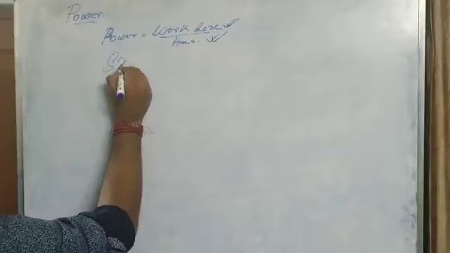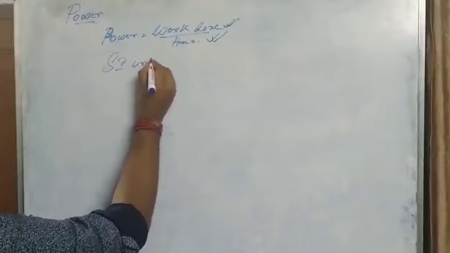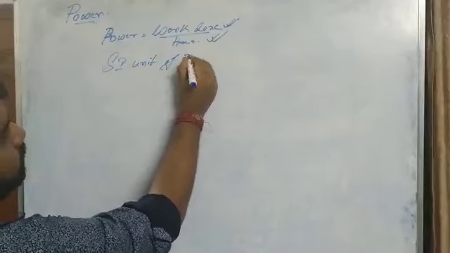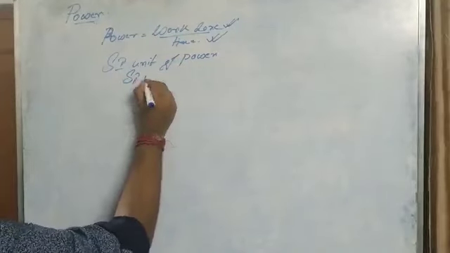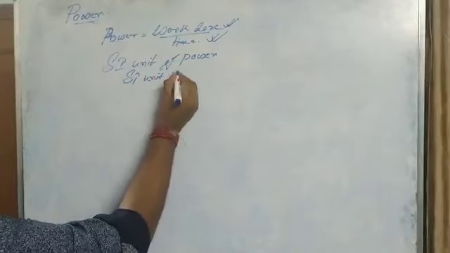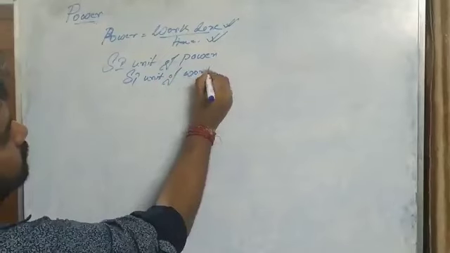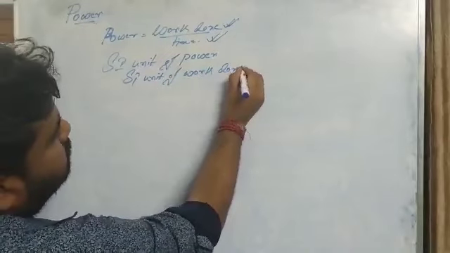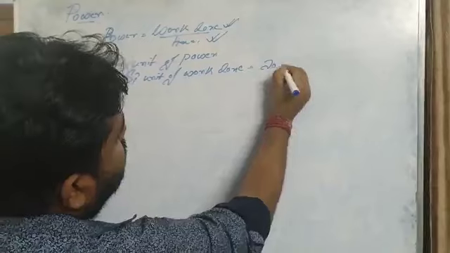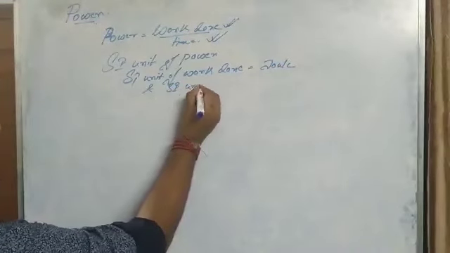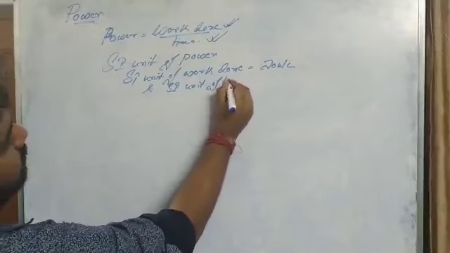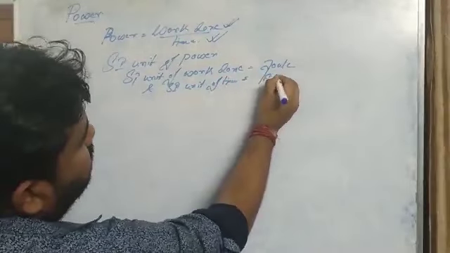SI unit of power. SI unit of work done equals joule, and SI unit of time equals second.